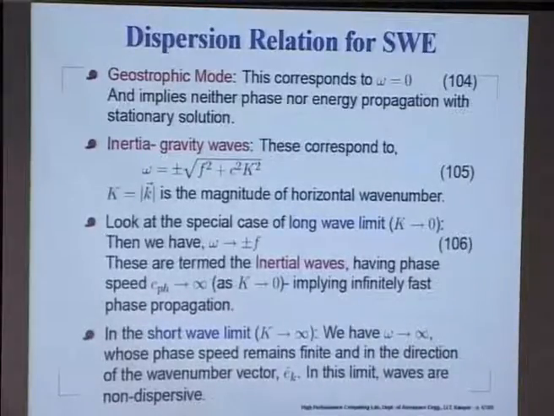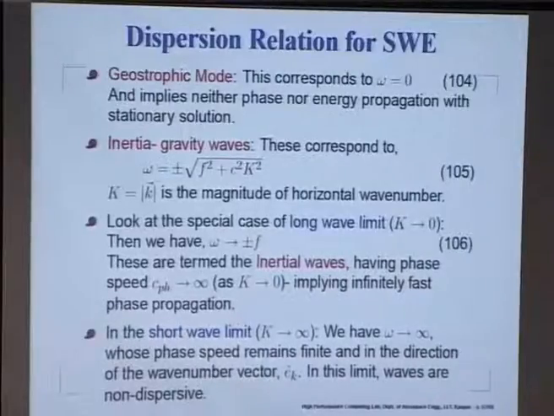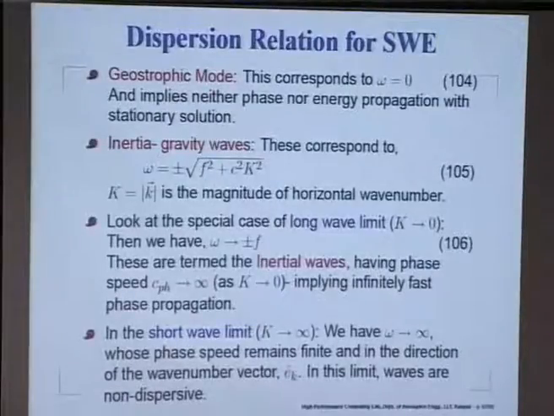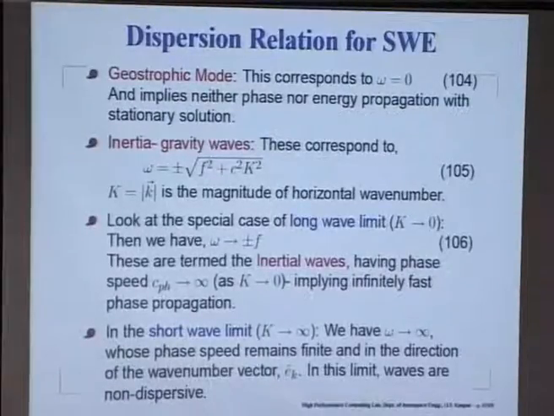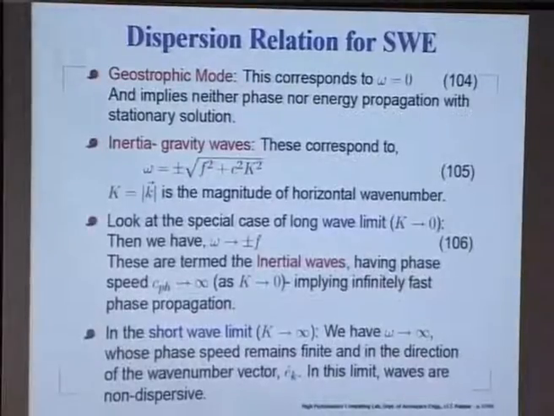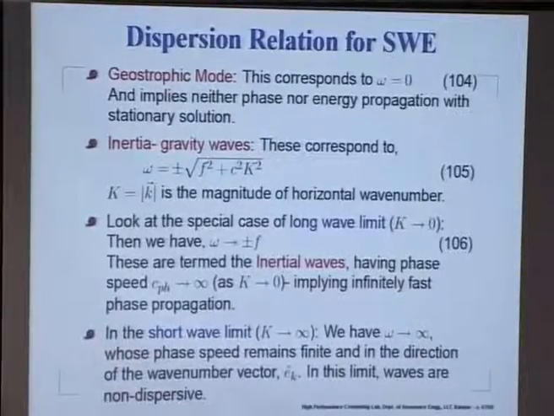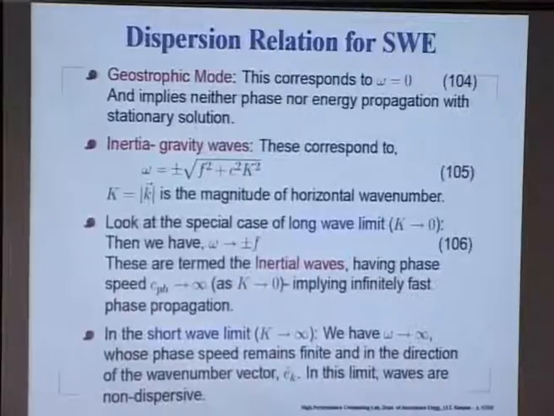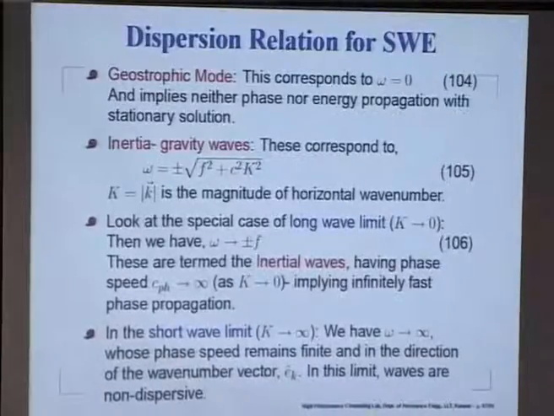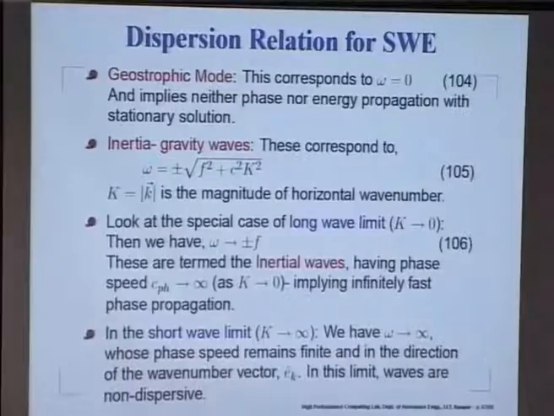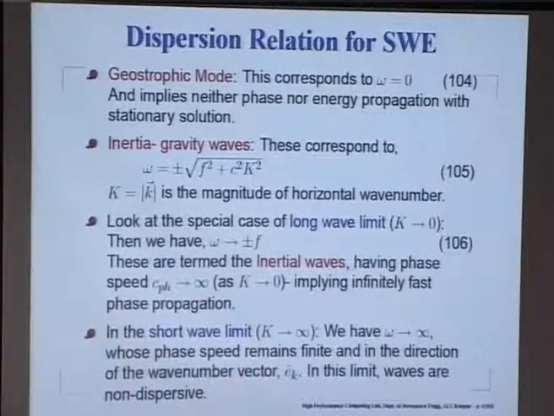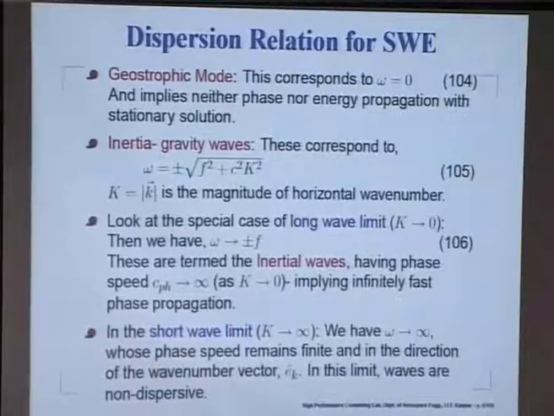If I am trying to find out what is happening at, say, a wavelength of the order of meters, those correspond to k almost going to infinity in the context of motion in the atmosphere or in the ocean. So, those will correspond to very high frequency fluctuations, right. What happens to the phase speed? Well, phase speed will still be finite, because I will divide by k. So, you can see it will still have a finite value.